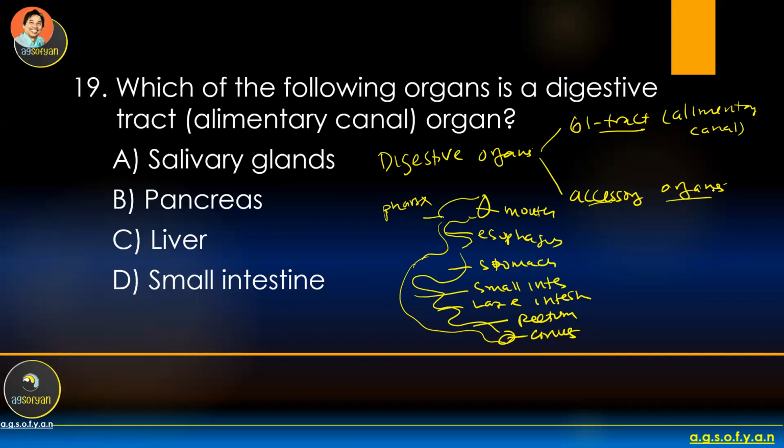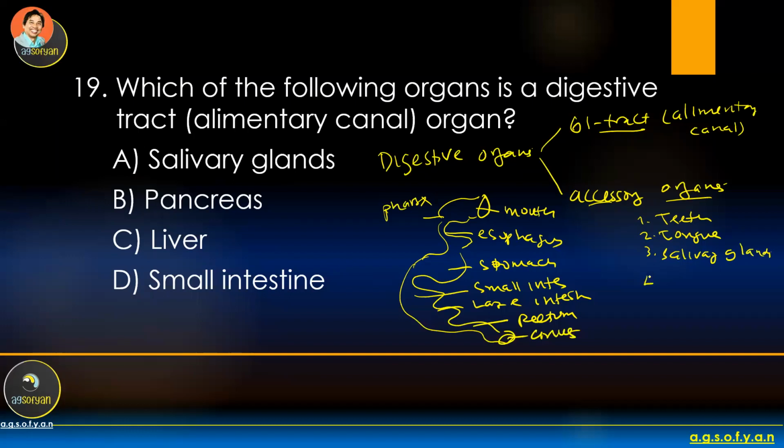Accessory organs are organs of the digestive system that do not form this tract or canal. For example, we have three accessory organs in our mouth, which are teeth, tongue, and salivary glands.